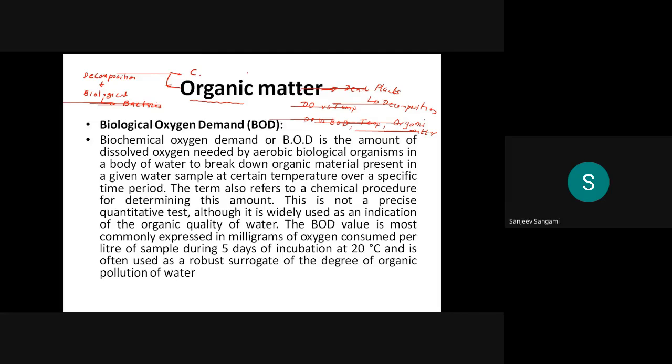Because respiration also requires oxygen, they will take the waste food of the dead plants as food, and along with that the microbes will consume the dissolved oxygen present in the water and multiply their growth. We already know the bacterial growth curve.